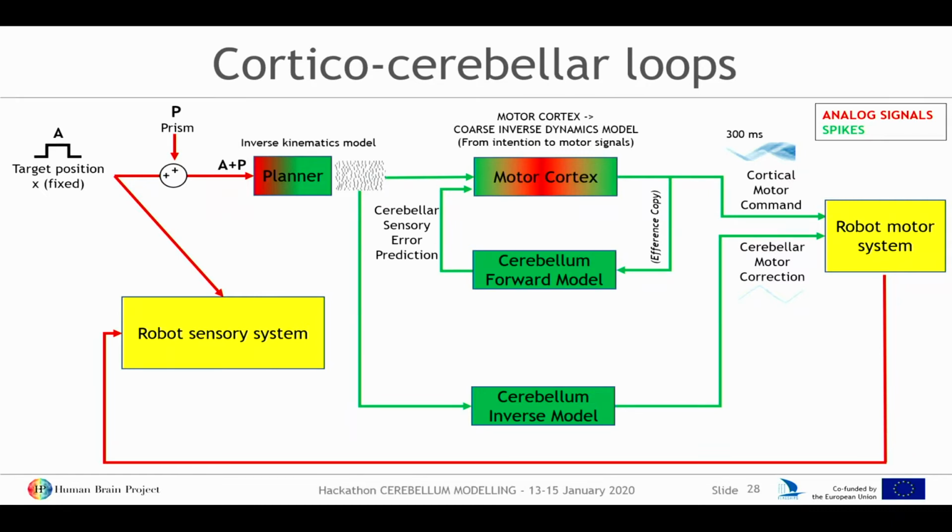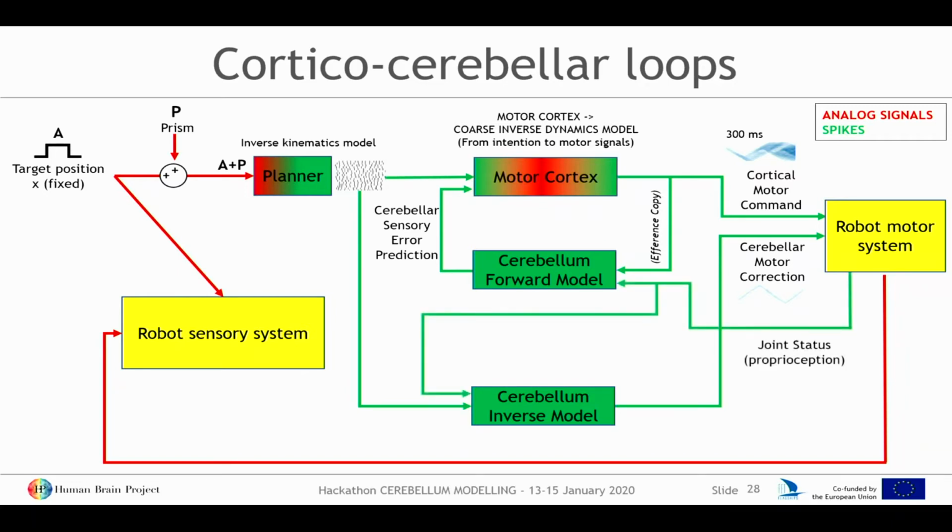So at the beginning, if we are doing the task correctly, these two modules of the cerebellum are silent, they are not needed. They are activated when we have an error, so when we have to compensate for this error.